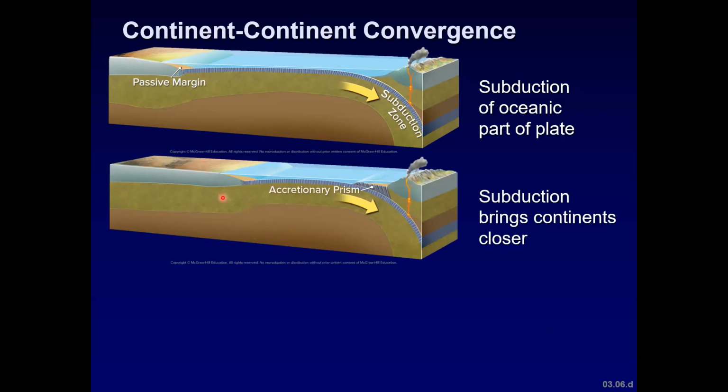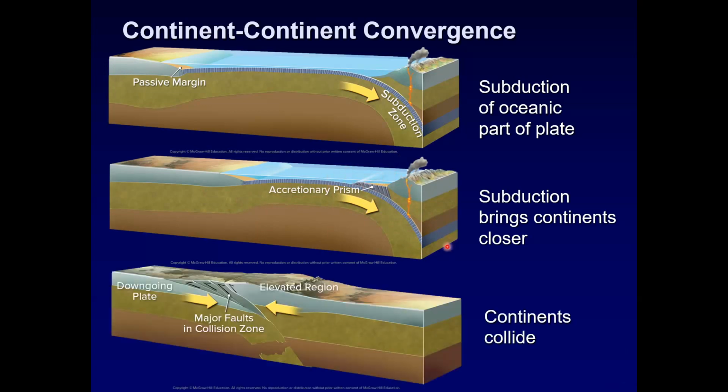But over time, as this plate moves towards the continent, subduction brings the continents closer. An accretionary prism forms. There's a trench as well. Suddenly, the continents collide. So there's no more oceanic crust. It's been subducted. And we have two continents hitting each other.